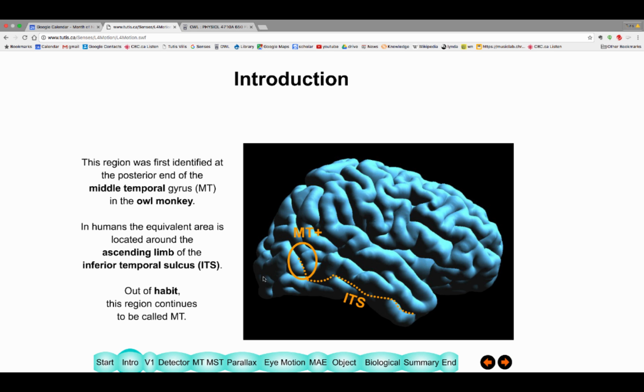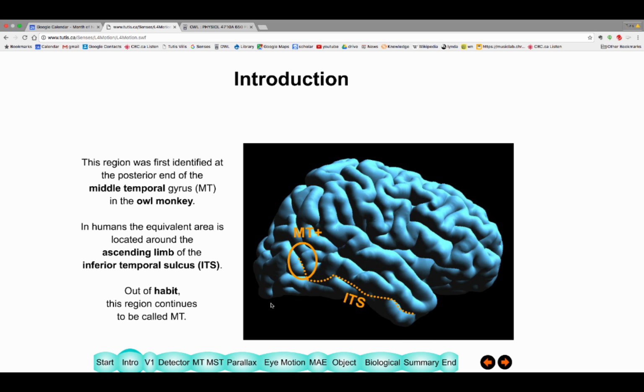Now, this area is called Area MT, and it's called Area MT for a strange reason. It was first found in the owl monkey, and there it was located in the middle temporal gyrus. In humans, it's located here. You see this thing. This whole thing is the temporal lobe. You can imagine this is a thing sticking out of the side of the brain.